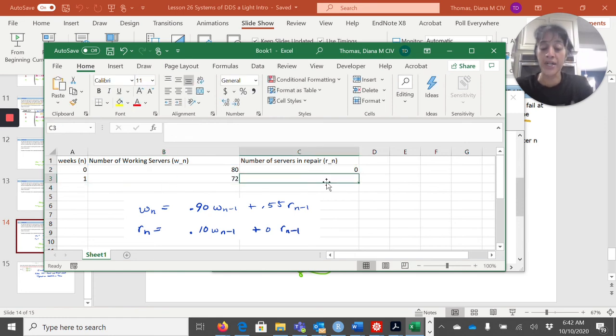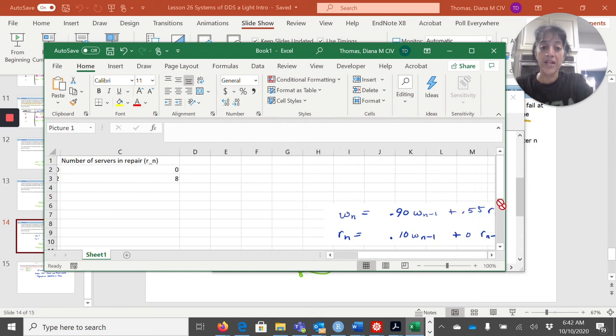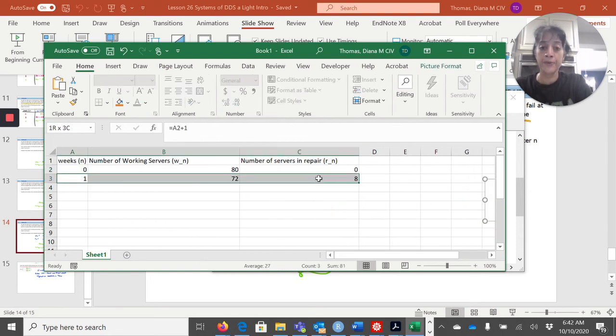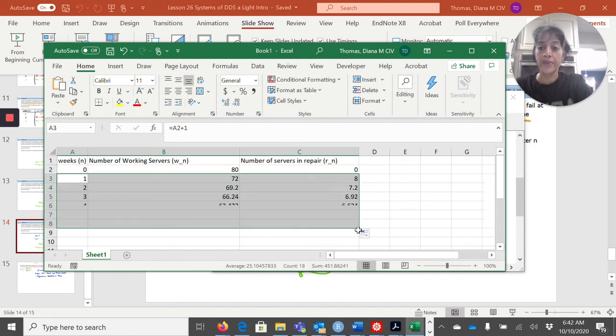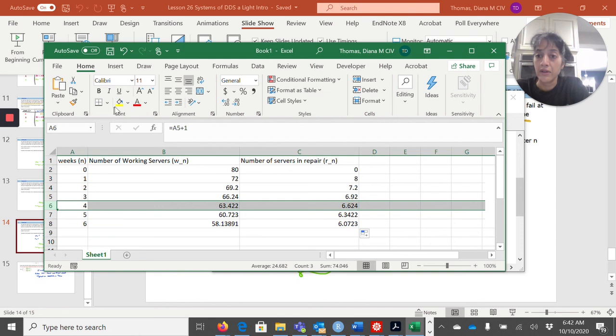Then in the Rn equation, it's equal to 0.10 times Wn minus 1. The previous W is in cell B2, so I'm going to type B2, plus 0 times Rn minus, I just put it there, good habit, C2. And then let's move that to the side here because I don't need it anymore. I've got my equations in there. And then I'm going to pull it down. And they want it up to the 4th week. There's my 4th week right here.